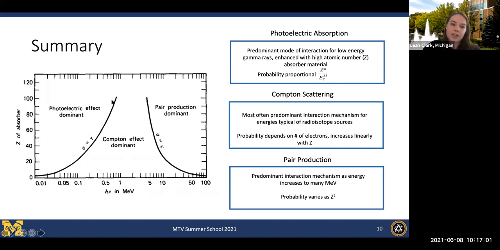And these lines right here just mean that if an energy or an atomic number lies within this line, there's an equal probability that it could be a photoelectric effect or a Compton effect. So if we have 100 keV and 20 is our Z value, it could be either.